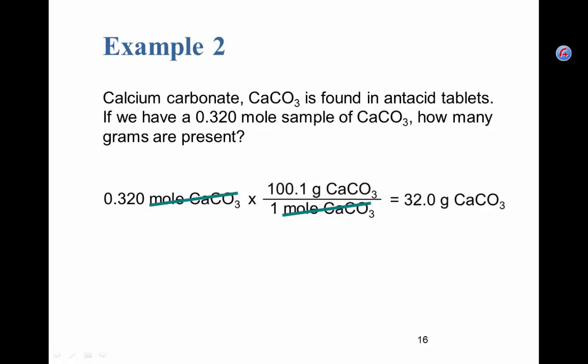And then I line up my units, so since I have moles here, I would have 1 mole on the bottom, and I would use my 100.1 on the top. I would multiply those 2 numbers. I have 3 significant figures here, so I would have 3 significant figures in my answer. So in this case, if I wanted to go from moles to grams, then I'm multiplying by the molar mass.